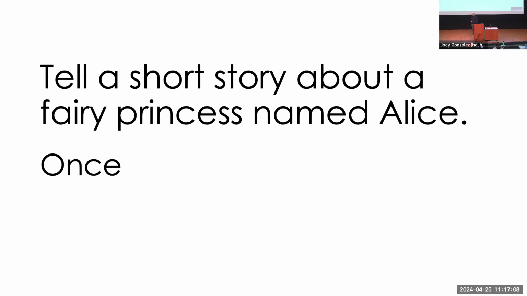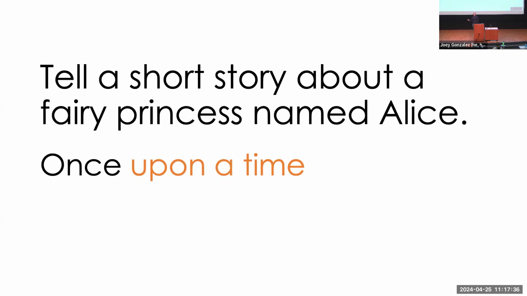I use ChatGPT to write stories for my daughter. I once misspelled ferry, as in the ferry boat, and it still wrote the story. It was hilarious. Let's take this. This is a prompt. I've asked the model, tell a short story about a fairy princess named Alice. Once... What's the next word? Upon. Next word? A. Next word? Time. How are you doing this? How are you predicting what's on my slide?